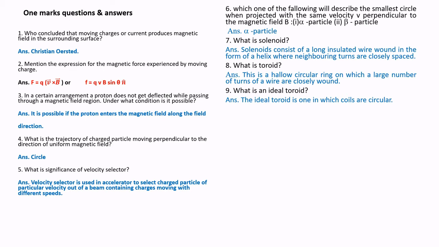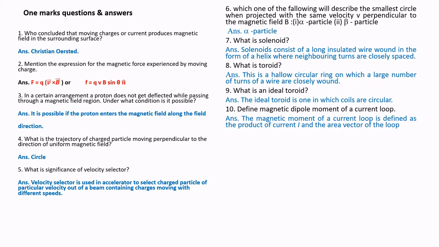Question number 9. What is an ideal toroid? Answer. The ideal toroid is one in which coils are circular. Question number 10. Define magnetic dipole moment of a current loop. Answer. The magnetic moment of a current loop is defined as the product of current I and the area vector of the loop.